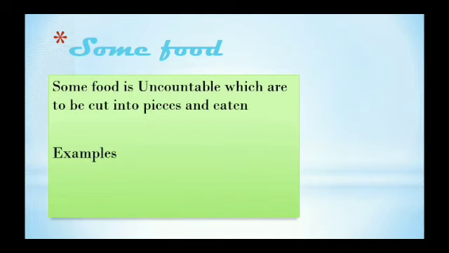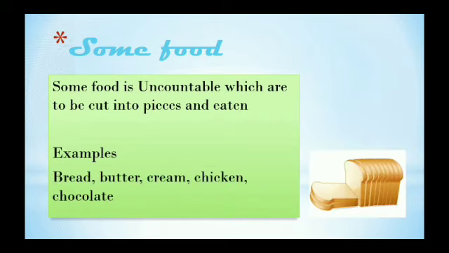As you can see, some foods are uncountable nouns, those which are to be cut into pieces and eaten. For example, bread. Children, look at the picture given there. There are so many slices, right? So when we say bread, we count them as slices of bread, bars of chocolate.